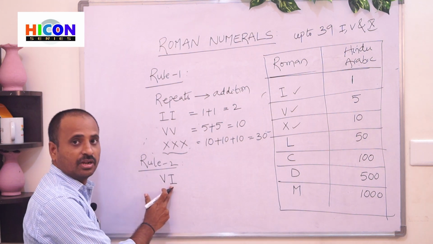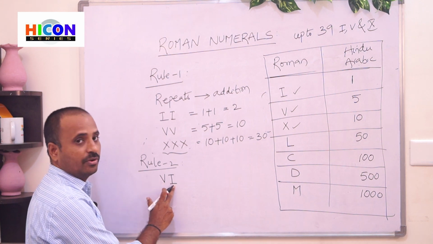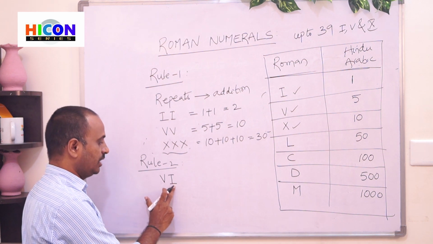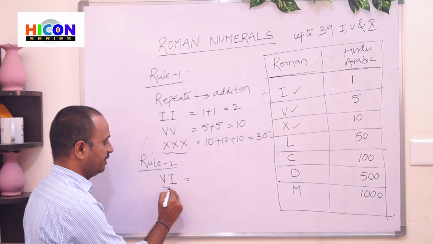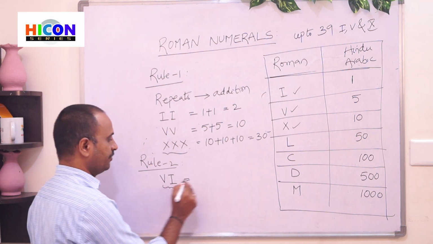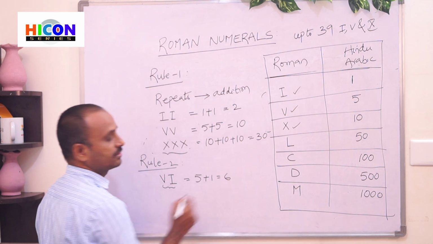Children, I is the smaller value and V is the bigger value, and the smaller value I is written on the right side of the bigger value. So we have to add these 2 symbols. V means 5, I means 1, 5 plus 1, 6.